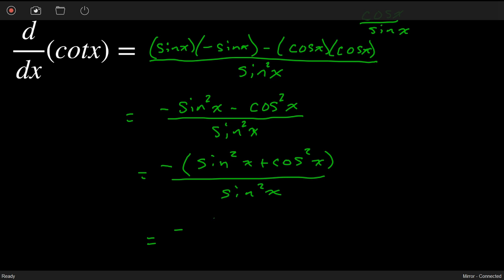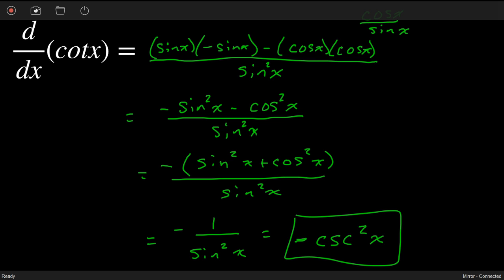This becomes negative 1 over sine squared, and 1 over sine is equal to cosecant, so this will be negative cosecant squared of x. That is your derivative of cotangent.